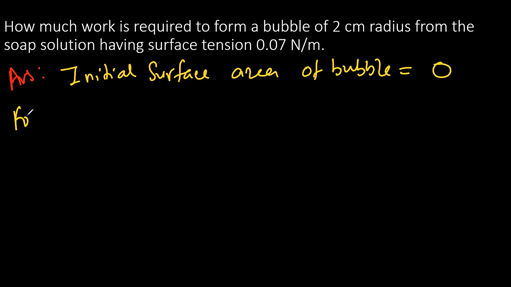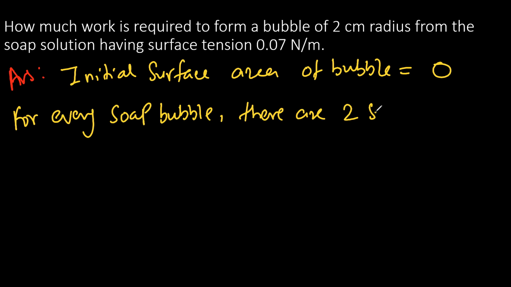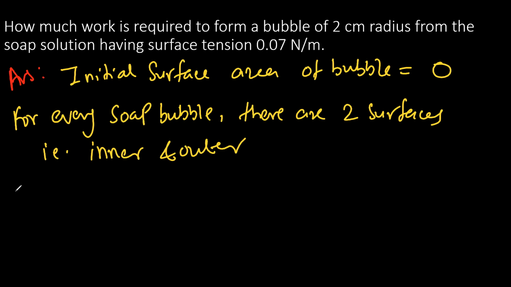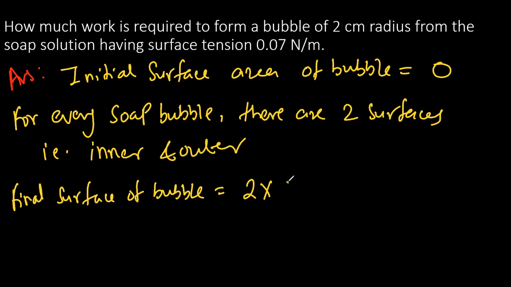Next, for every soap bubble there are 2 surfaces, that is the inner and outer. So जो final surface area हमें डिजाइन करना है, that final surface area of the bubble is 2 times the actual area.